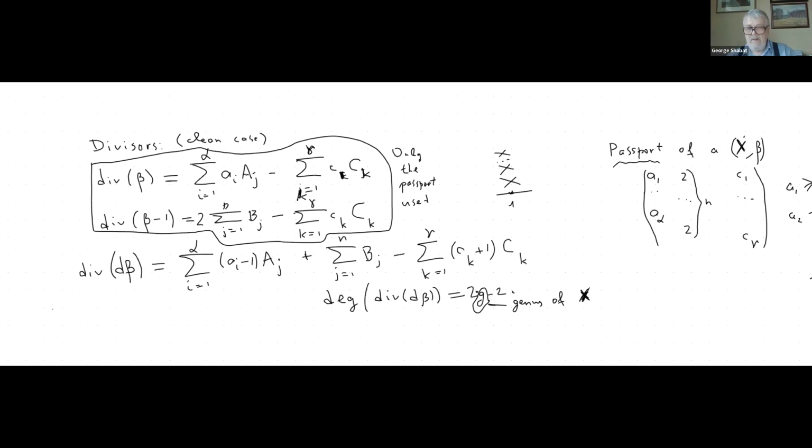So maybe I'll write it in a bit more detail. So given the sun, maybe let's write in terms of all the sets of the objects. Our goal is to reach Belyi pairs.